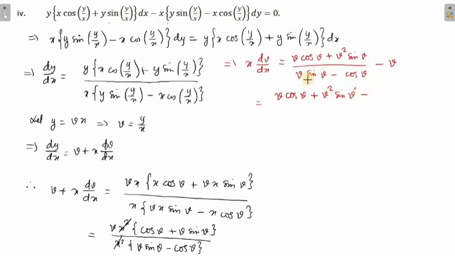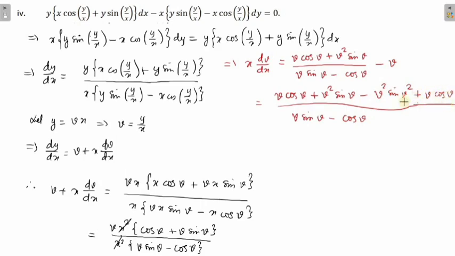minus, now see here carefully. All of you know that LCM is the same, that is v sin v minus cos v. When you multiply this LCM with this, you get v square sin v plus v cos v, isn't it?